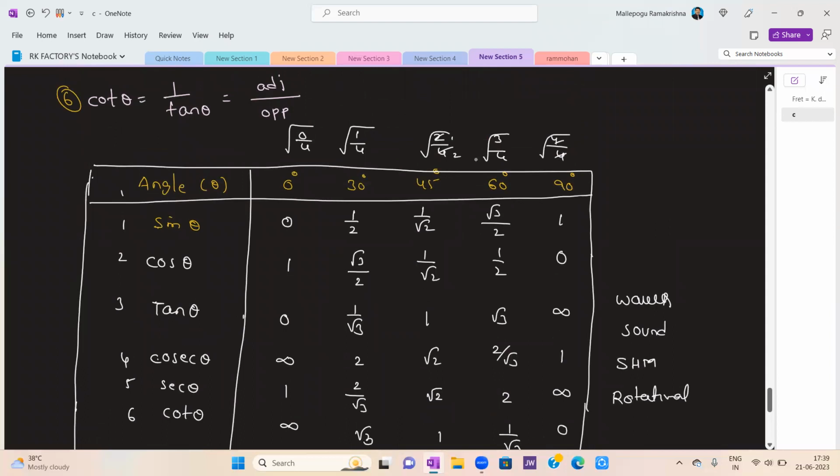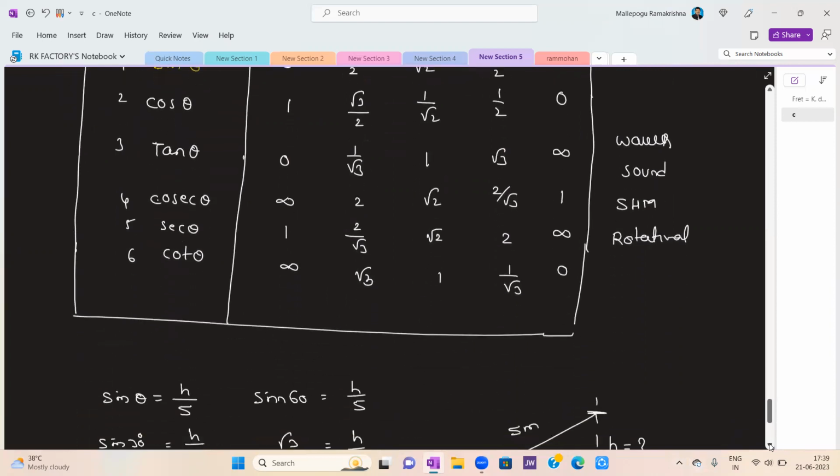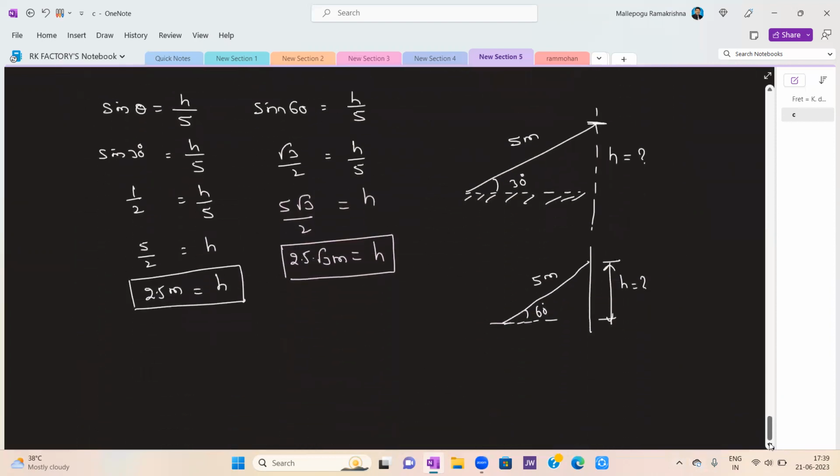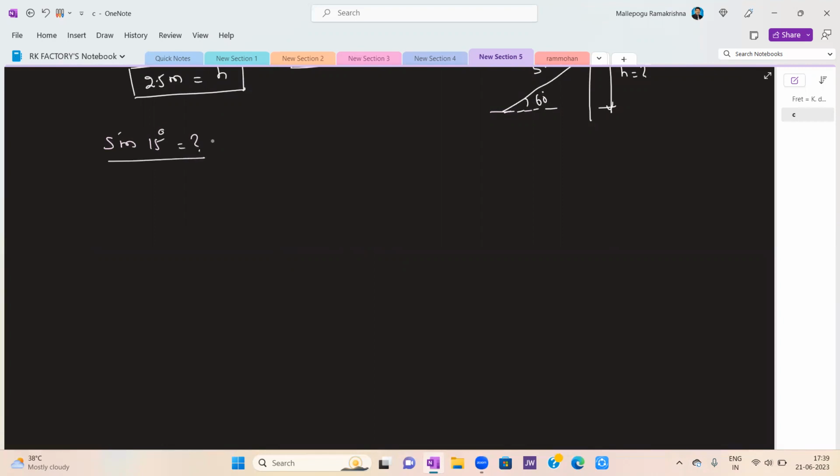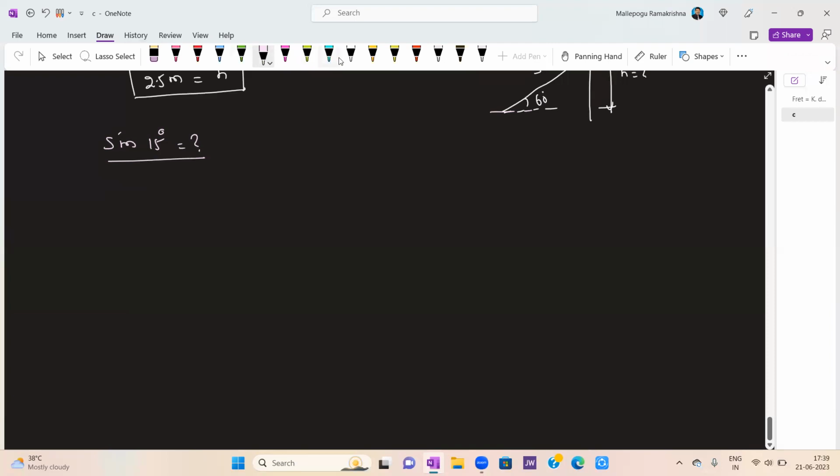Just if I want sine 15, how can we find it? Is there any way to solve this?